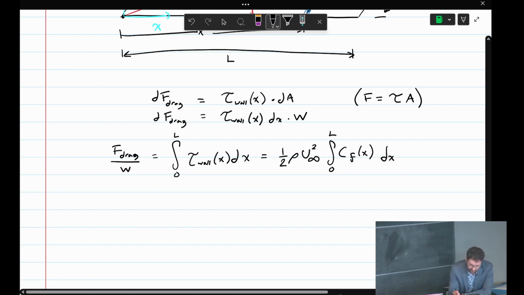So the skin friction coefficient is the wall shear stress divided by this quantity. You have those coefficients in the notes from last lecture as a function of X. If I tell you there's a laminar boundary layer over this entire plate, you can integrate that skin friction coefficient from 0 to L, and you'll get the expression for the drag force per unit width. I'm going to box this expression.